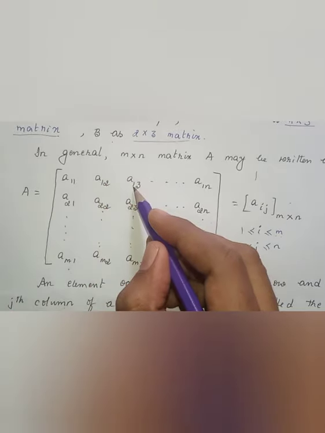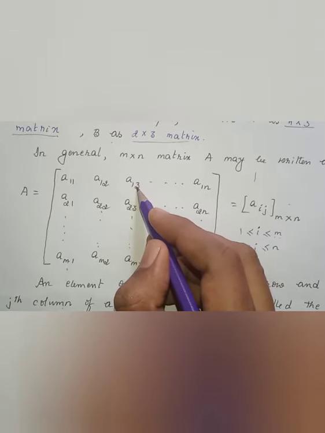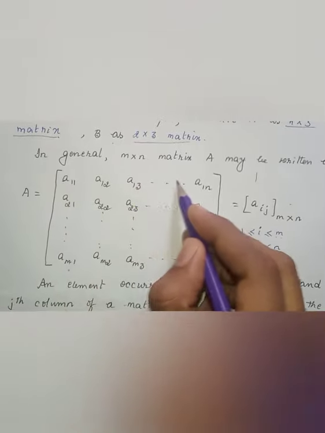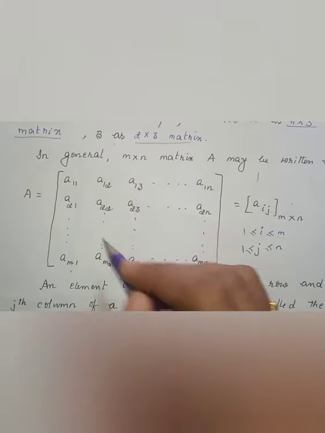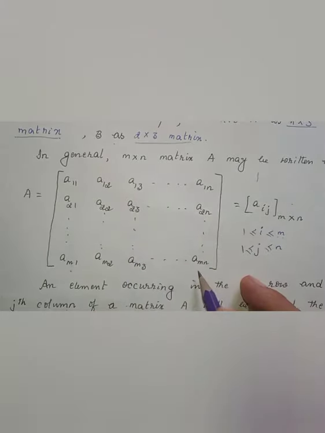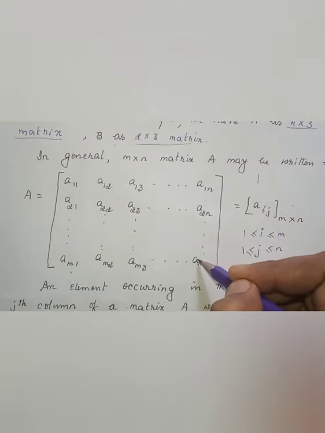The element A13 lies in the first row, third column. Similarly, an element Amn lies in the mth row and nth column.